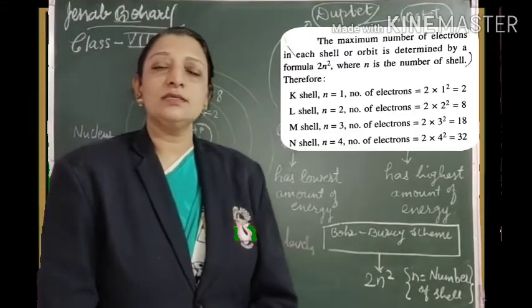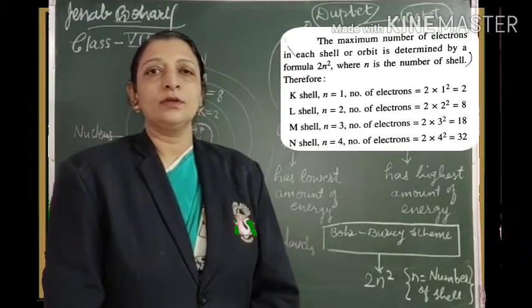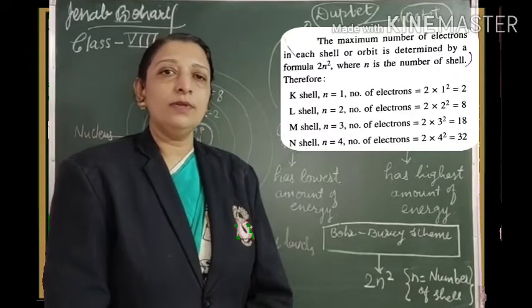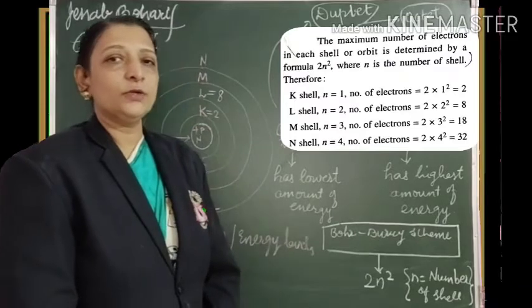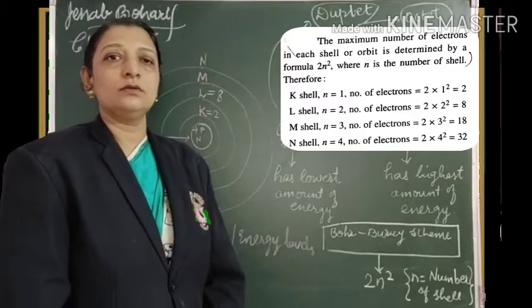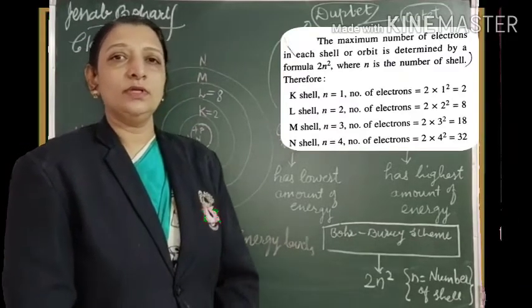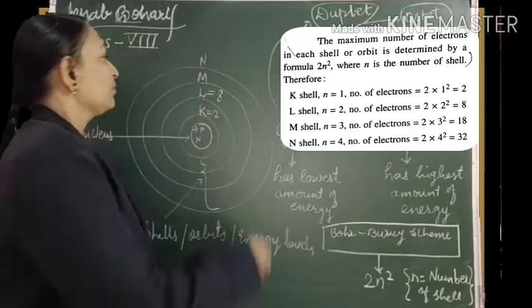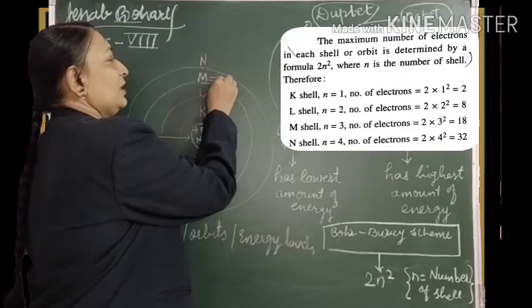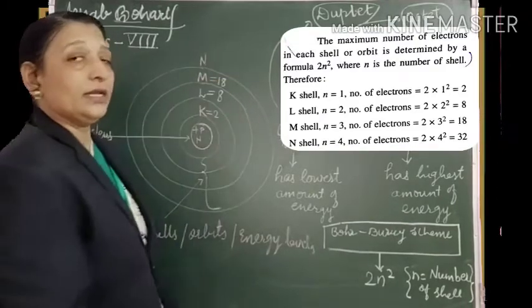Third shell, that is the M shell. Here in the formula the value of n is 3. So 2 into 3 square equals 2 into 9, that is 18. So the capacity of the M shell is to hold 18 electrons.